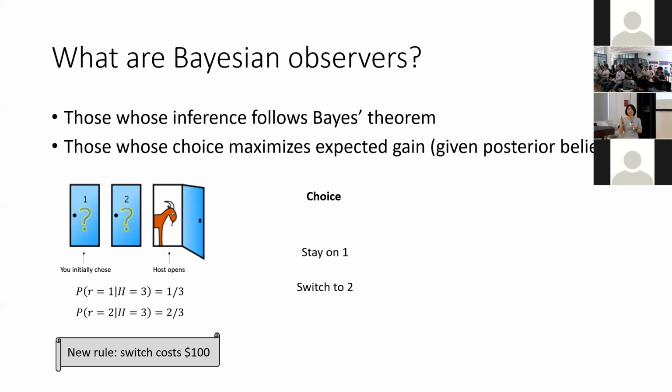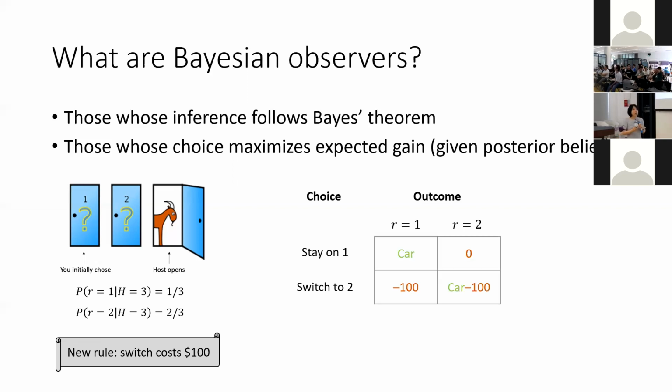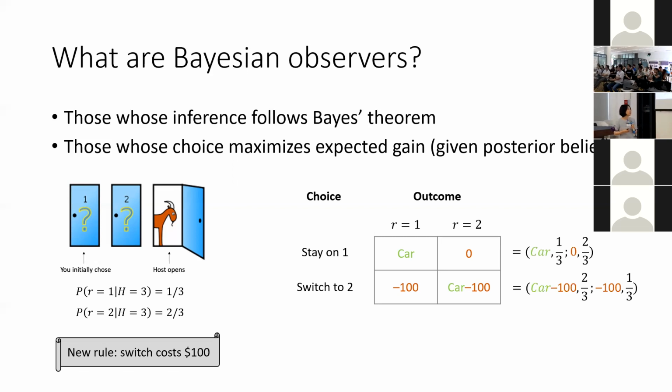It's still 1/3 and 2/3. But now your payoff matrix will change. So you will see the -100 reflected in the table. So you face 2 very different lotteries. So what would you do?